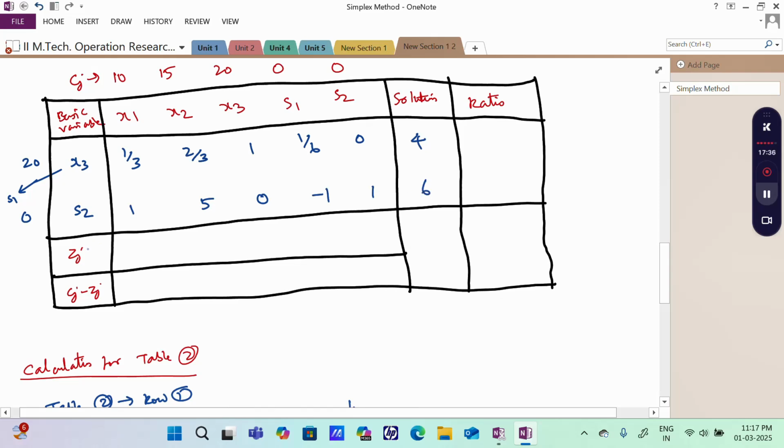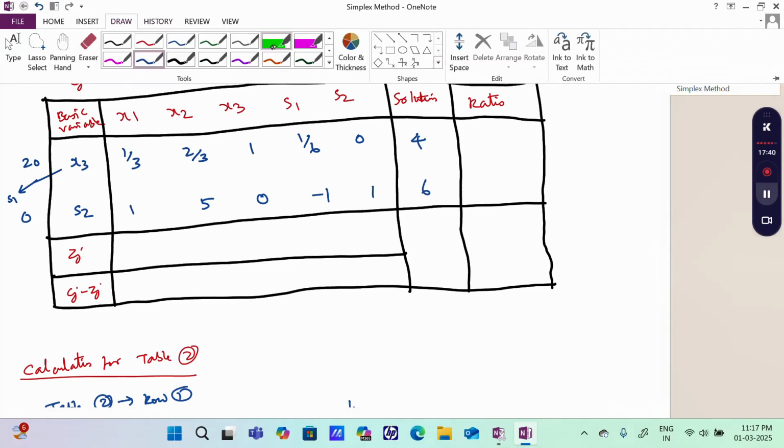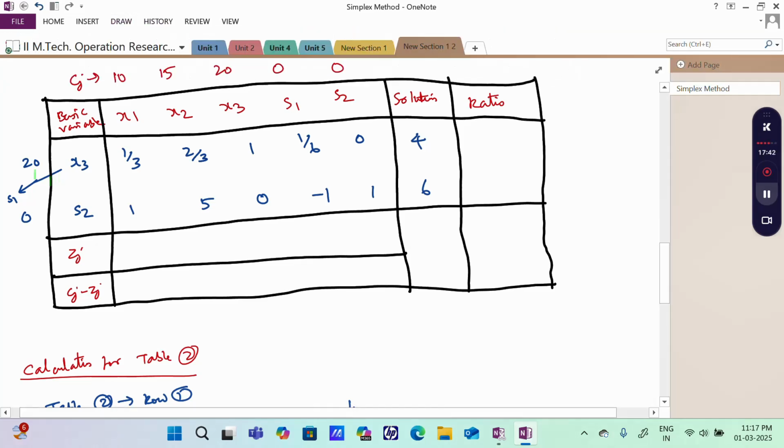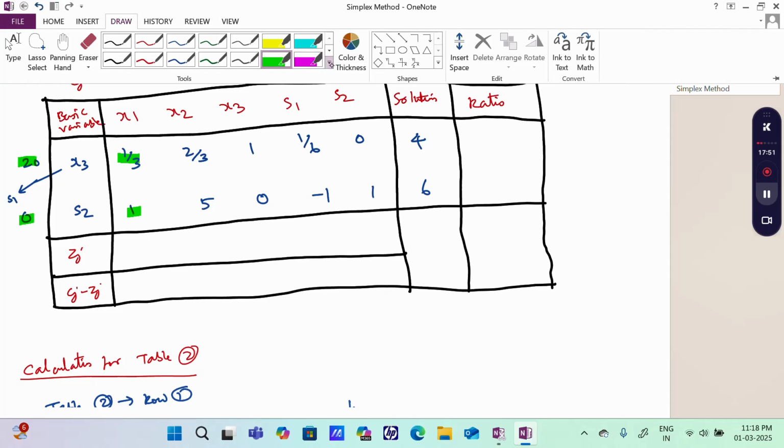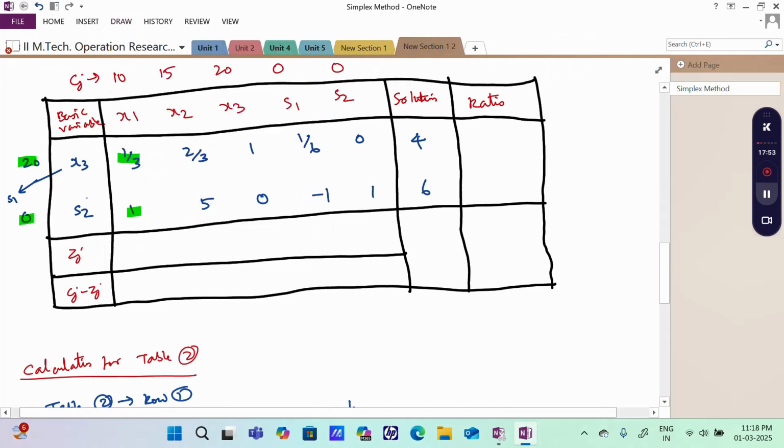Now calculate Zj. How to calculate as usual? This 20 multiplies with 1 by 3, then 0 into 1, then we add these two values. 20 into 1 by 3 is 20 by 3. The second row is always 0, because 0 into any term is 0. Only multiply the first row with 20.